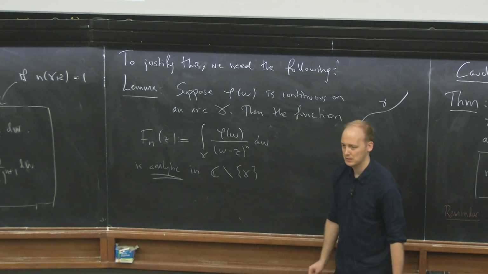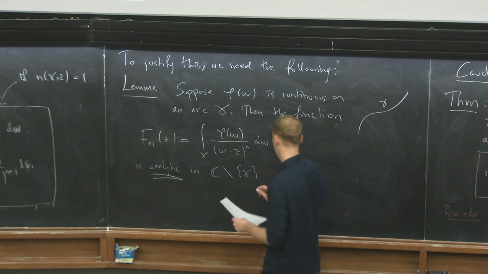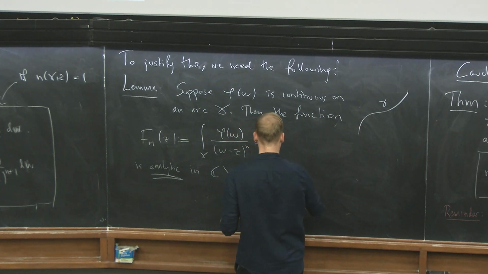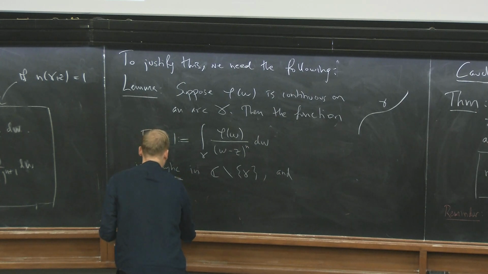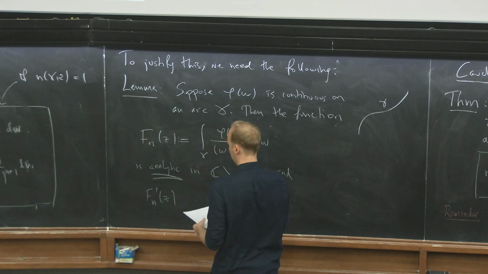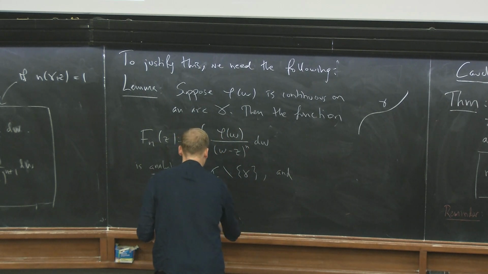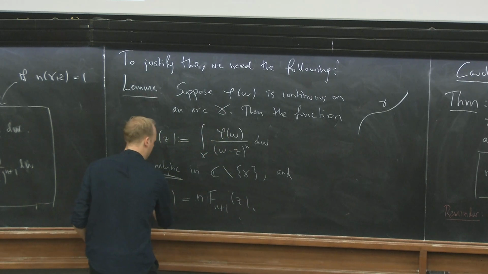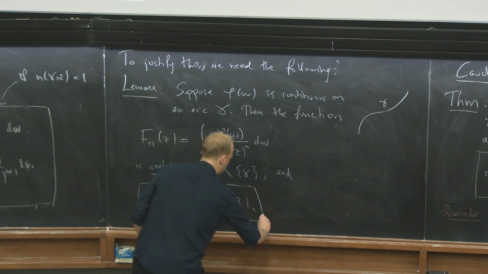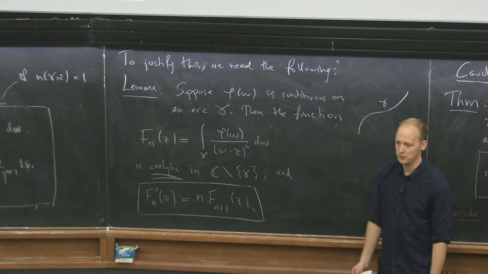So I remove gamma. It's analytic except if we're on gamma. And we can get its derivative at the point z by the following formula. And as you can see, this is precisely what we need.